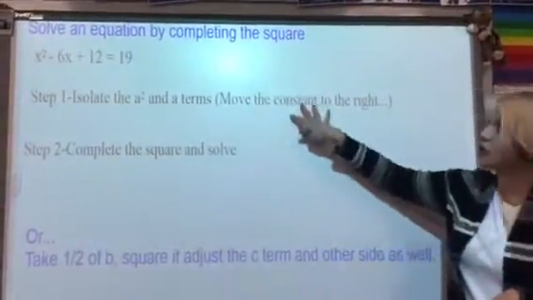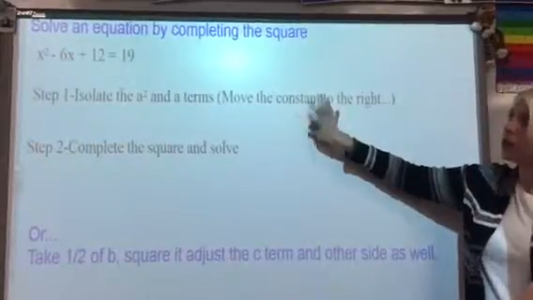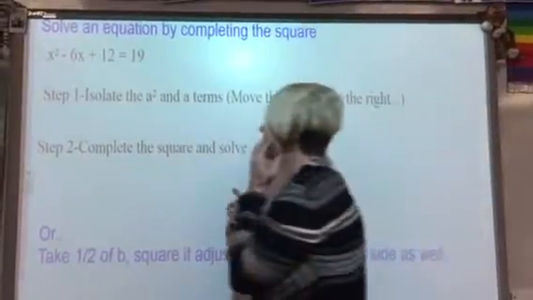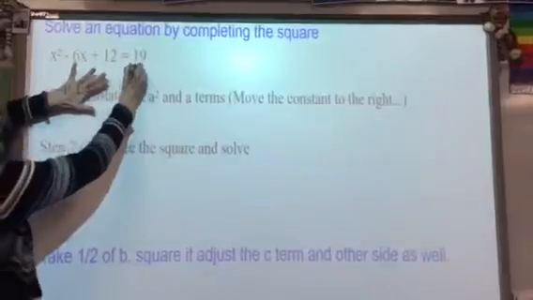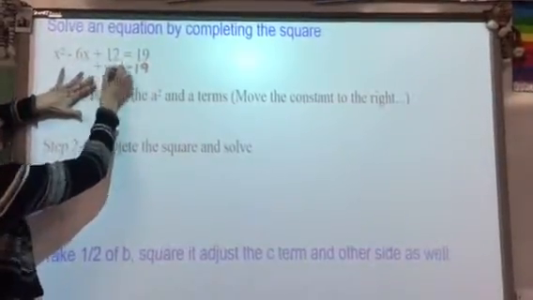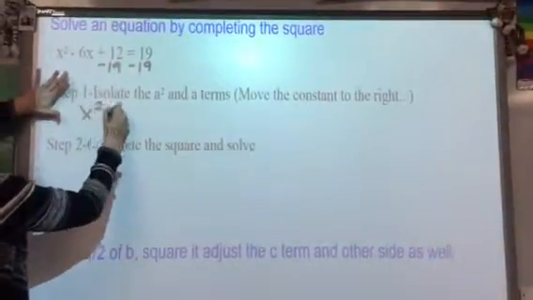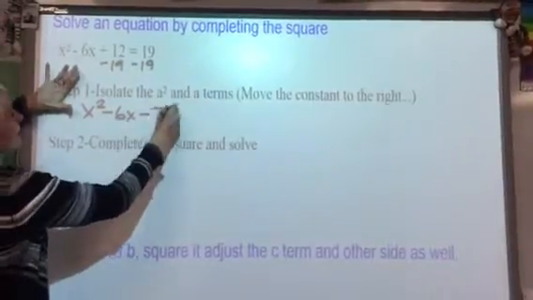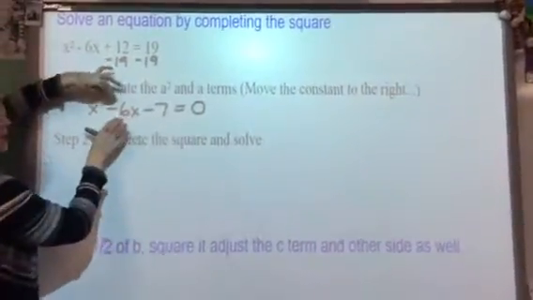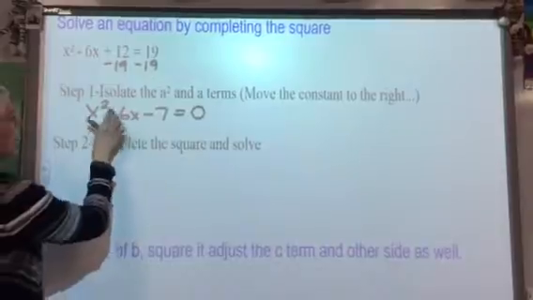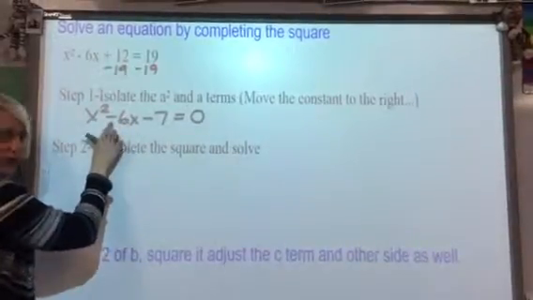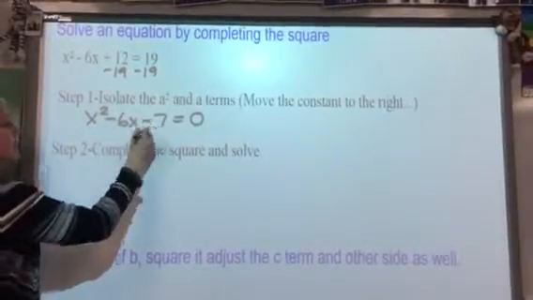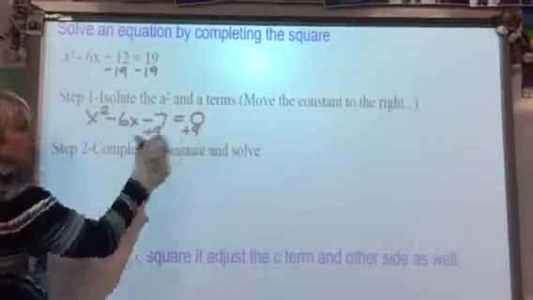Now we can solve an equation by completing the square. So there are 2 different methods that you can use. You can subtract 19 first, if you wanted to, and make this x squared minus 6x minus 7 equals 0, and then go from there. So that would be half of negative 6, which is negative 3, so that would be a positive 9, so you would add 9 to both sides.